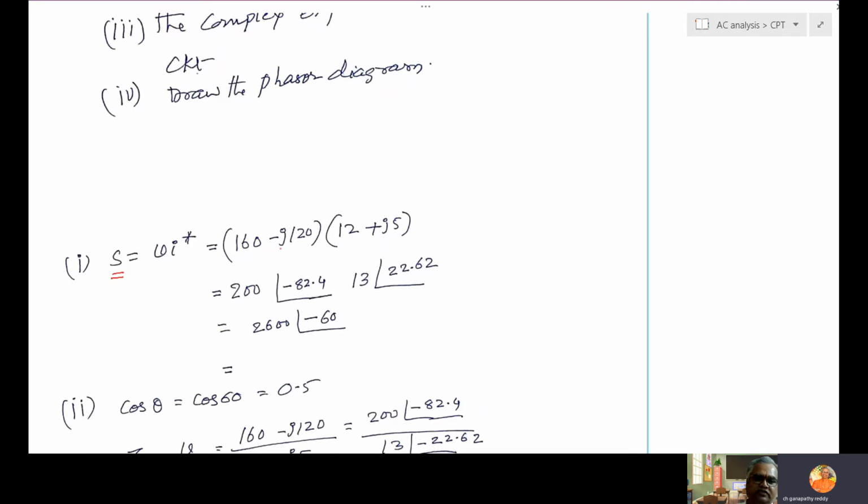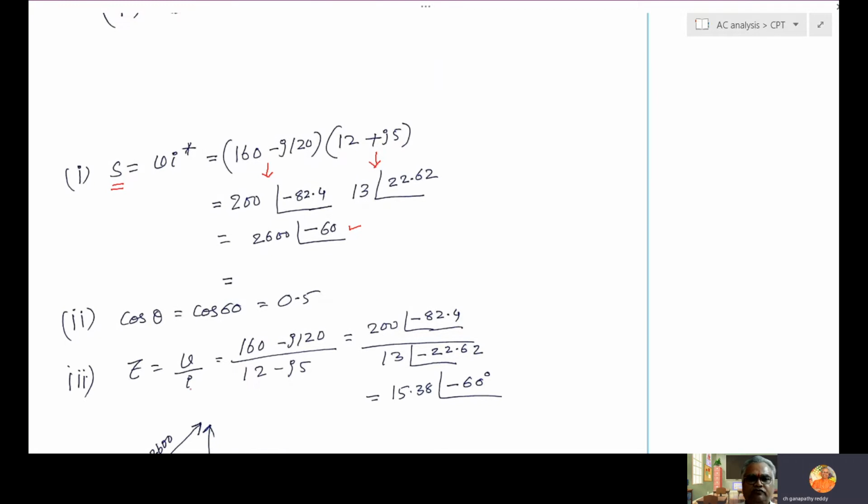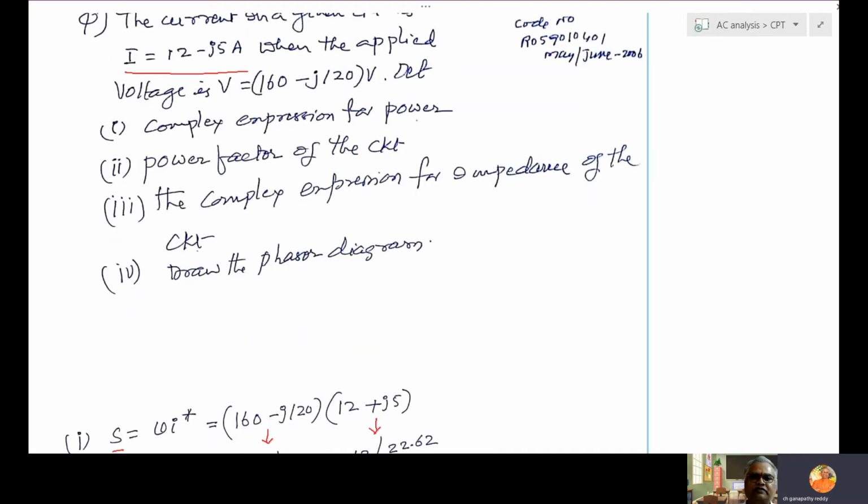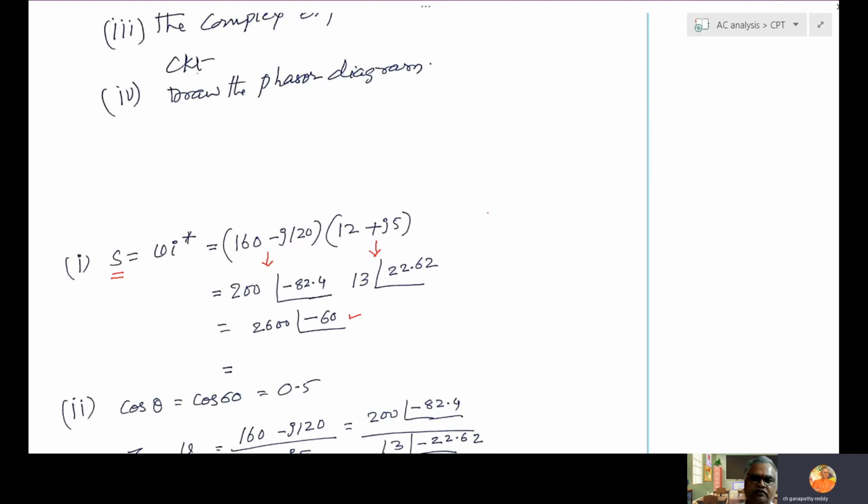V is 160 minus J120. I star is the complex conjugate, 12 plus J5. Change this into polar, this into polar. Final answer is this. If you want, again convert into complex form, into rectangular form.